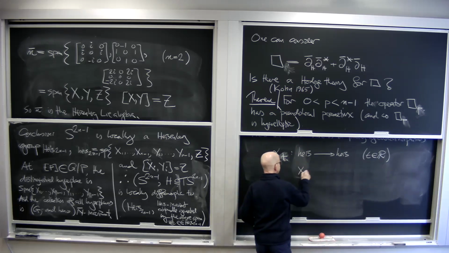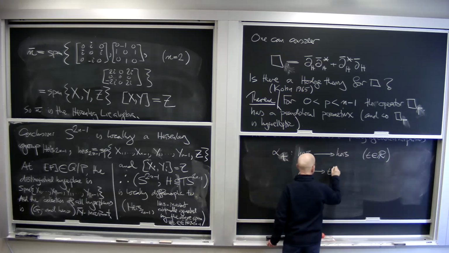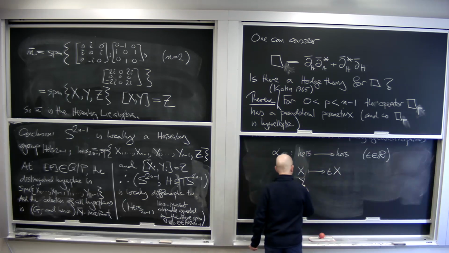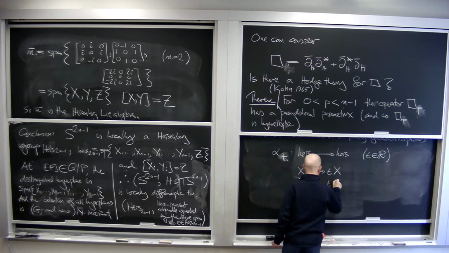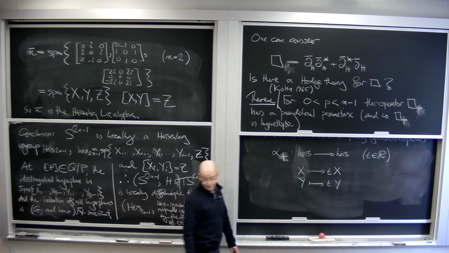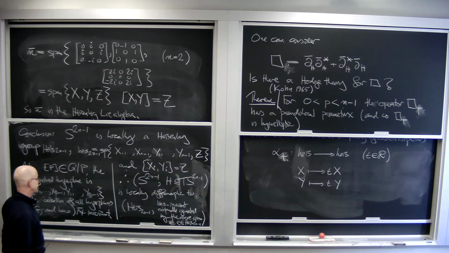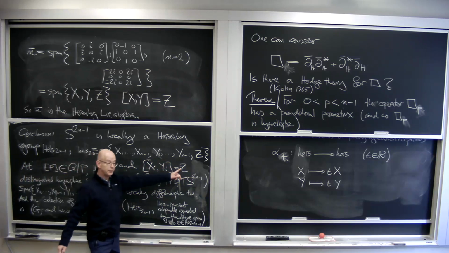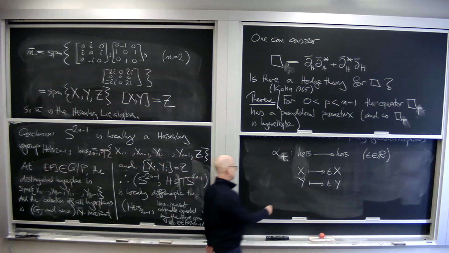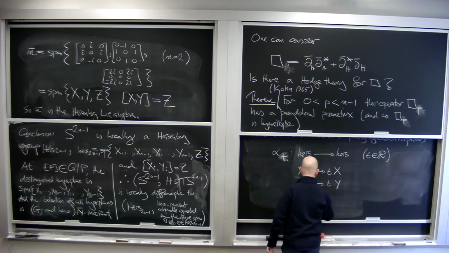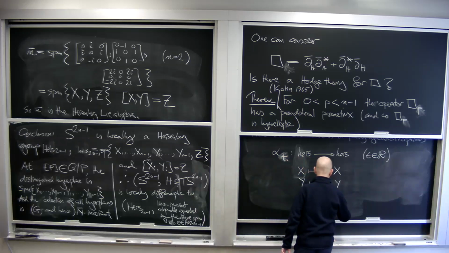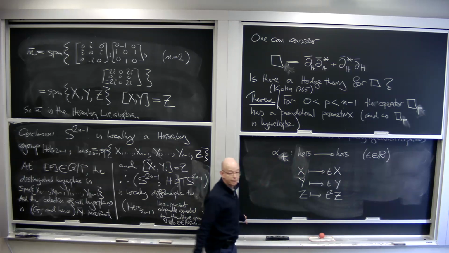Well, all of the x's go to T times x, and all of the y's go to T times y. But the Lie bracket of x and y is z in this country. So if you want this to be a Lie algebra endomorphism, z has to go to T squared times z, like that.